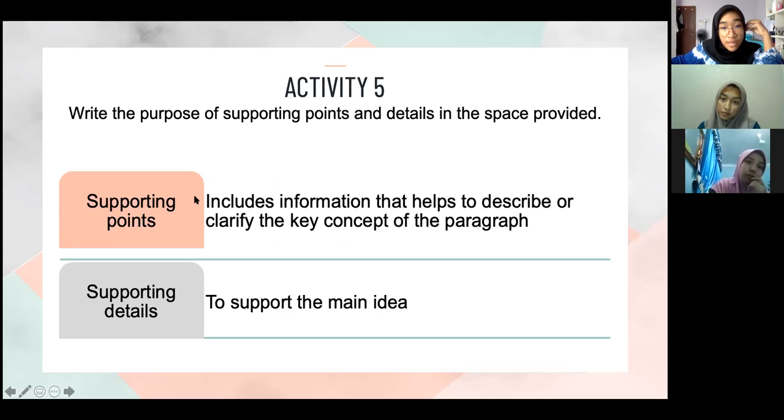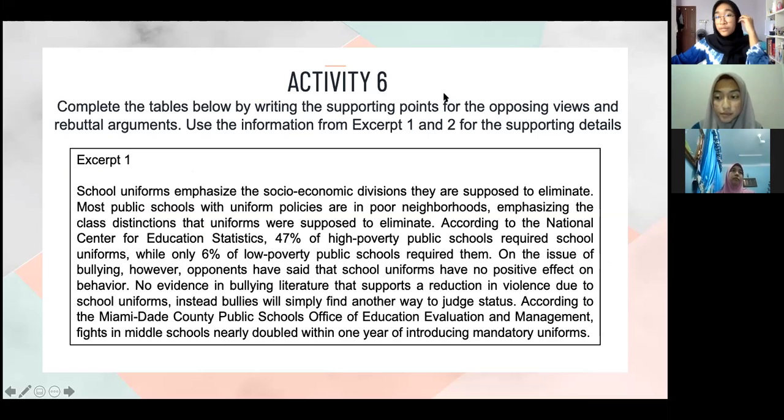The supporting points are the information we add in the paragraph to help the reader understand our topic sentence better. While the supporting detail is to support the main idea, whether we stand for the issue or against the issue. Okay, for activity 6, I would like to pass it to Zahra.